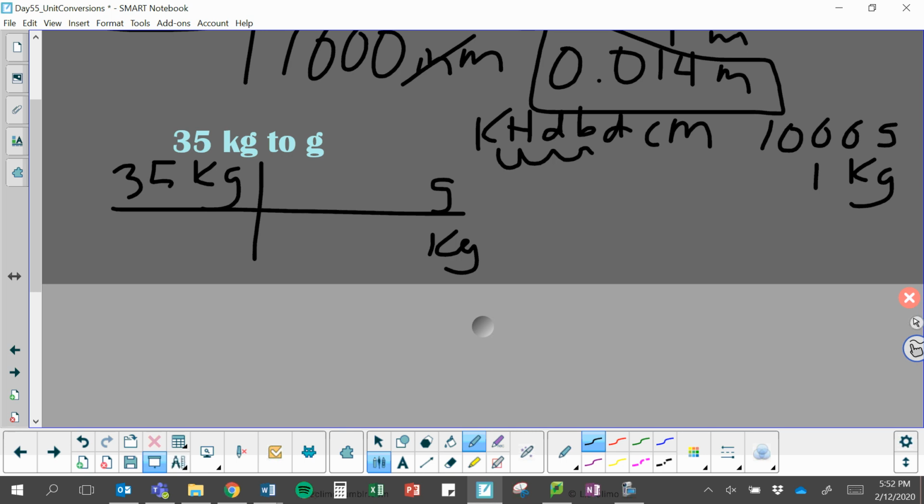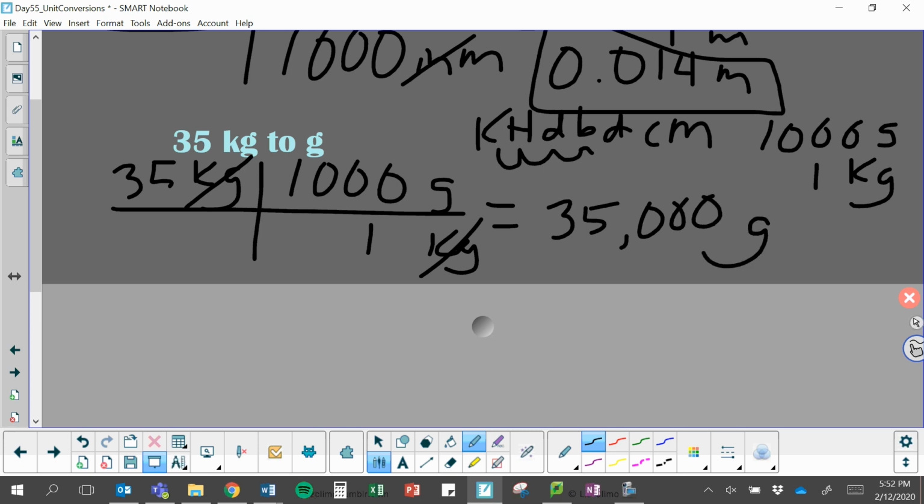And then we now put the numbers in. Cancel our units. And now we can stick this in our calculator if we would like. And put our unit. Check our sig figs. We have 2. Our final answer is 2, so we're good.